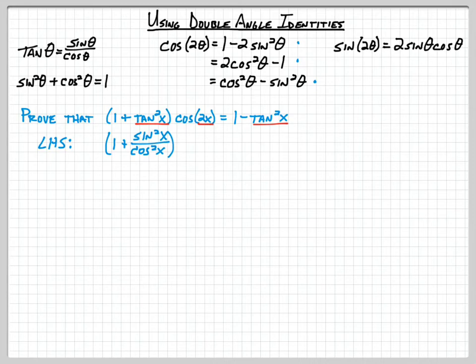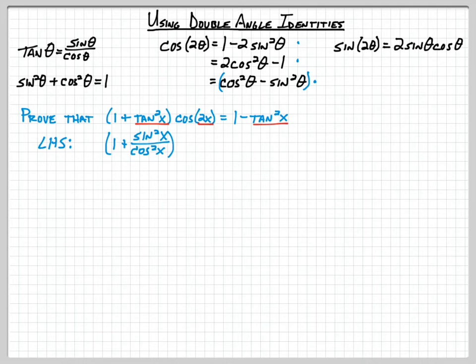If we think about what we're about to do, we're about to plug in either 1 minus 2 sine squared, 2 cosine squared minus 1, or cosine squared minus sine squared. All of these things, if we drop them in for our double angle, would give us something that looks like 2 binomial factors. Like again, going back to our quadratics, we'd have x plus 1 and x minus 1, and we'd have to multiply all those parts together. We're basically going to have the same thing here.